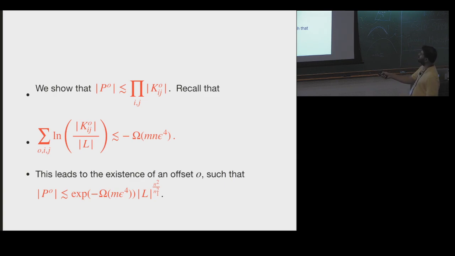So this leads to the existence, this is over offset. So I drew this with the offset 0, but I can translate everything because it's a torus. And it leads to the existence of some offset such that you get this bound on PO that is less or equal to e to the minus omega m epsilon to the 4. And this is essentially the volume of the Pn of S.